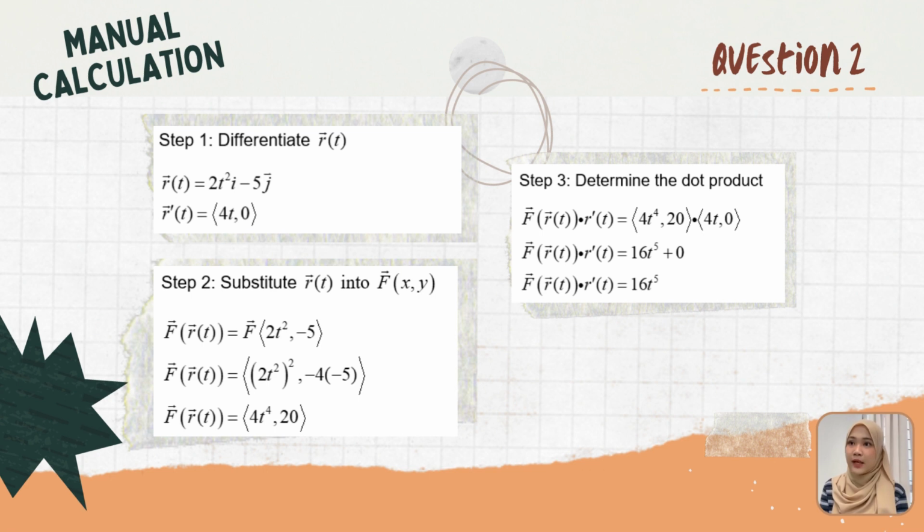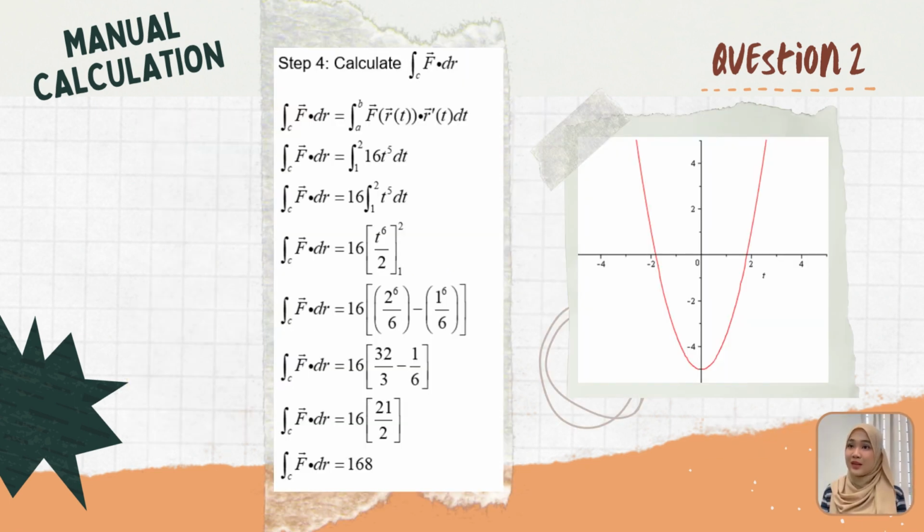So take the value from step 1, multiply with the value of step 2, and the answer we will get is 16t to the power of 5. And the last step, we need to calculate the integral of vector F dot dr. Just integrate it like usual and at the final answer we will get 168.